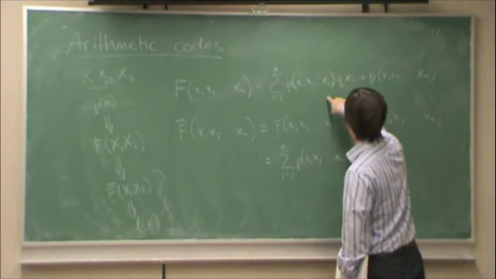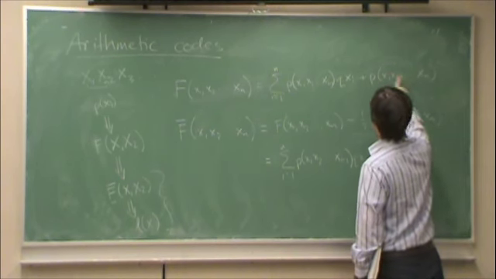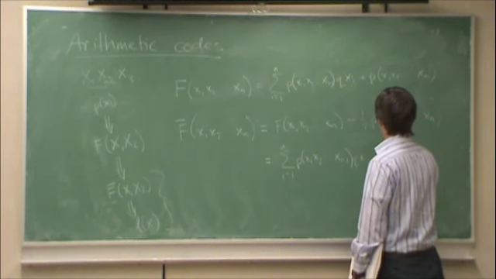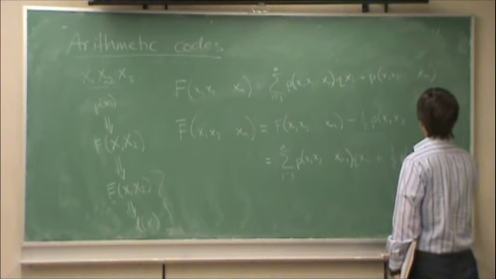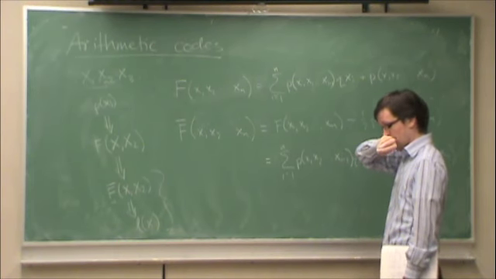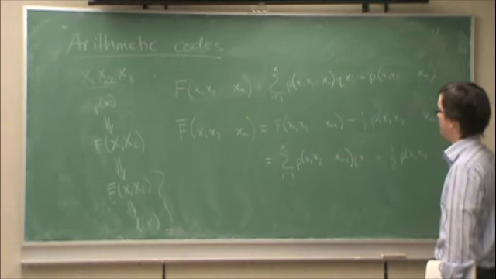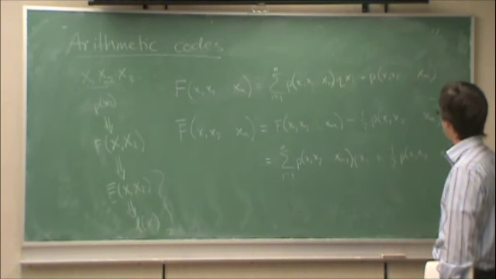So if I take this and subtract 1/2 p of x1, x2 up to xn, I basically get rid of half of this. So I have plus 1/2 p of x1, x2, and so on up to xn. That's F bar.